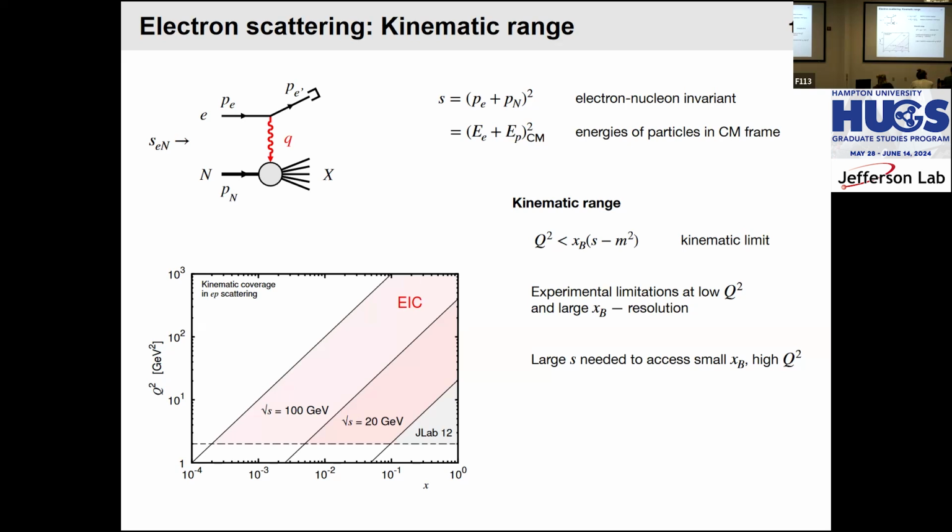And then with the higher center of mass energies provided by the electron-ion collider, we open up a large new domain of X and Q square. We both go to smaller X, and we can also go to higher Q square.